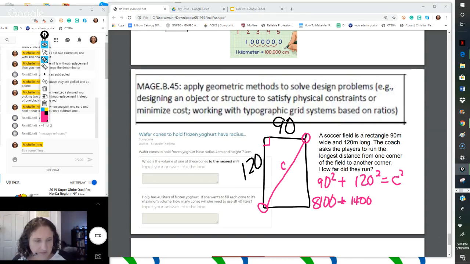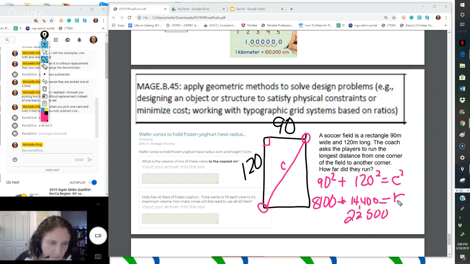Oh, that's what I missed, that's why it didn't look right. And then we take the square root, and when you take the square root, you get 150.